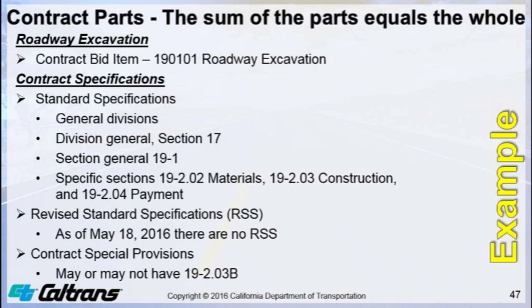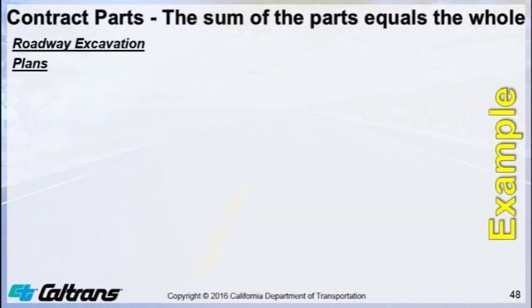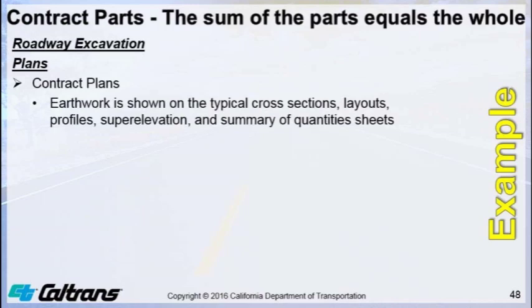If you have surplus material, then the contract special provisions may have a special provision in Section 19-2.03B that requires the disposal of surplus material rather than allowing use on the job site. Roadway excavation plans, contract plans: earthwork is shown on the typical cross-sections, layouts, profiles, superelevation, and summary of quantity sheets.